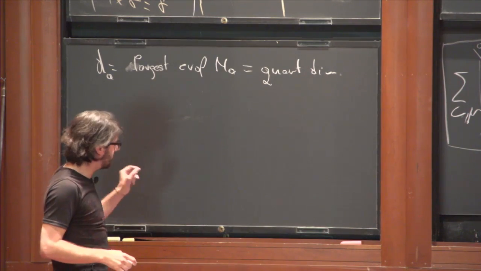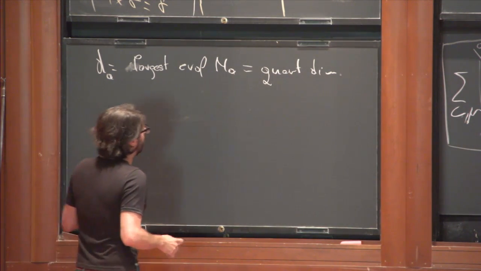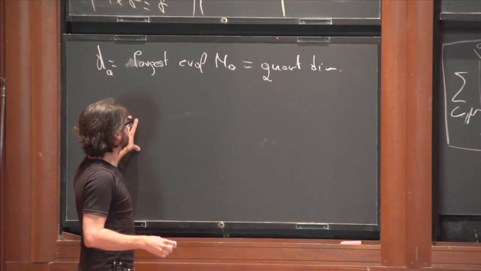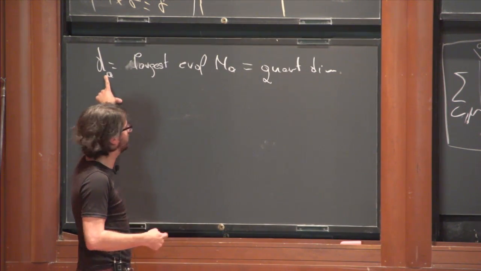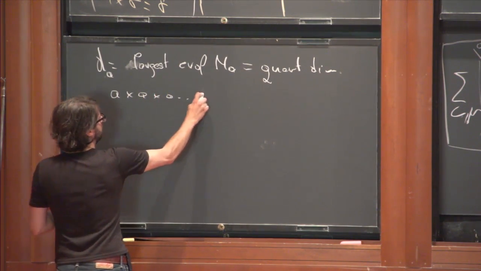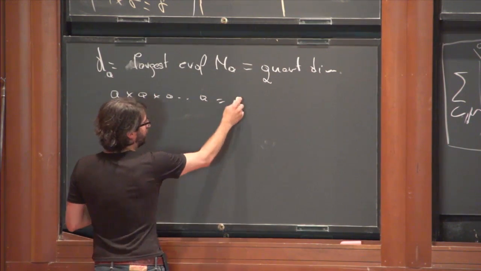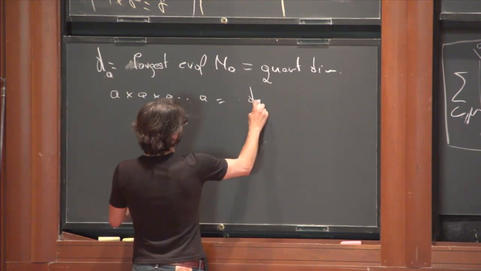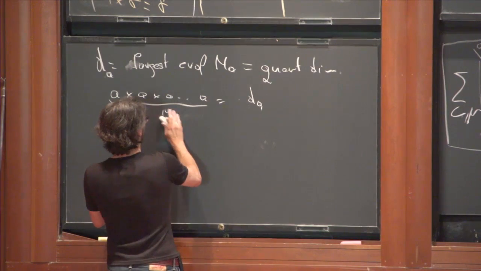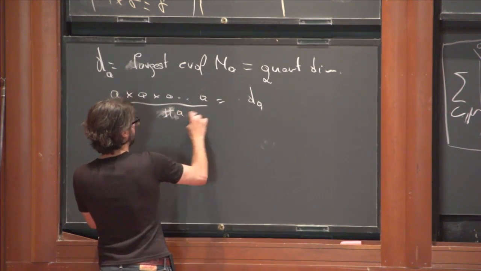And why is that important? Well, the reason why that's important is that this governs the growth of the Hilbert space of the state of the fusion channel. So if I take A times A times A times A, the largest number here is going to be d_A to the number of A's. So say I have a number of A's.